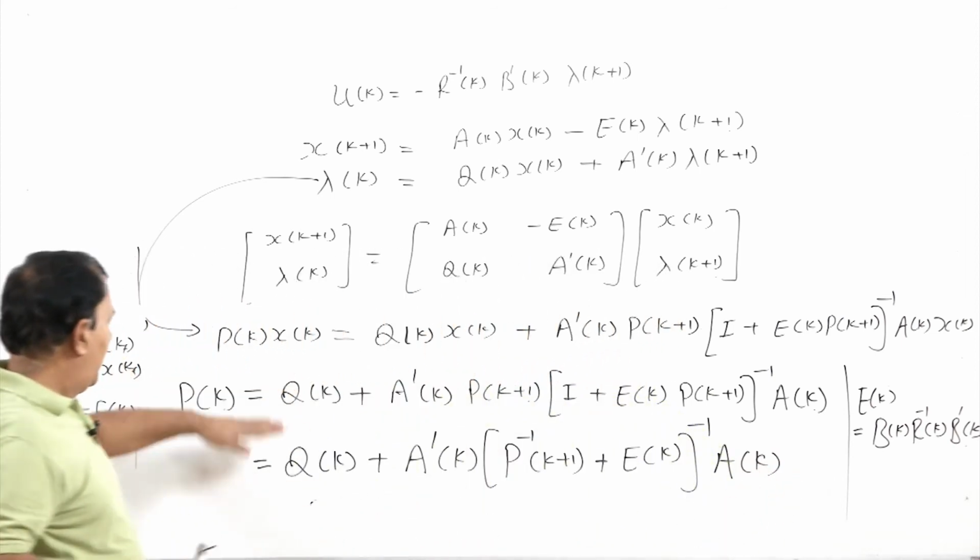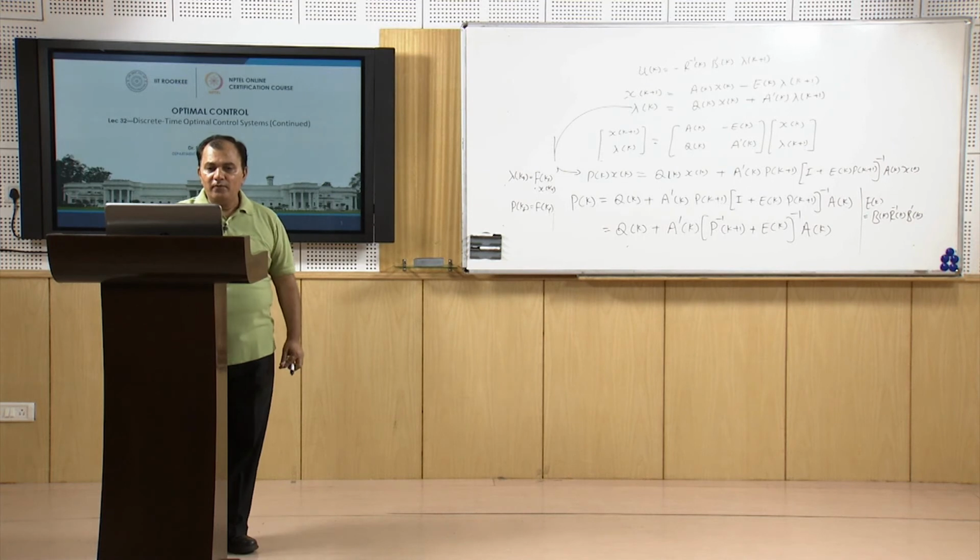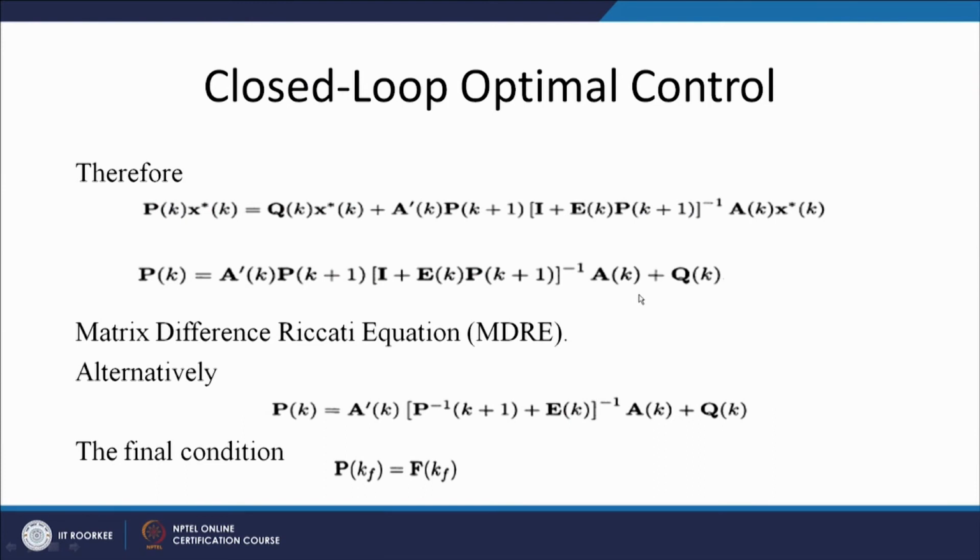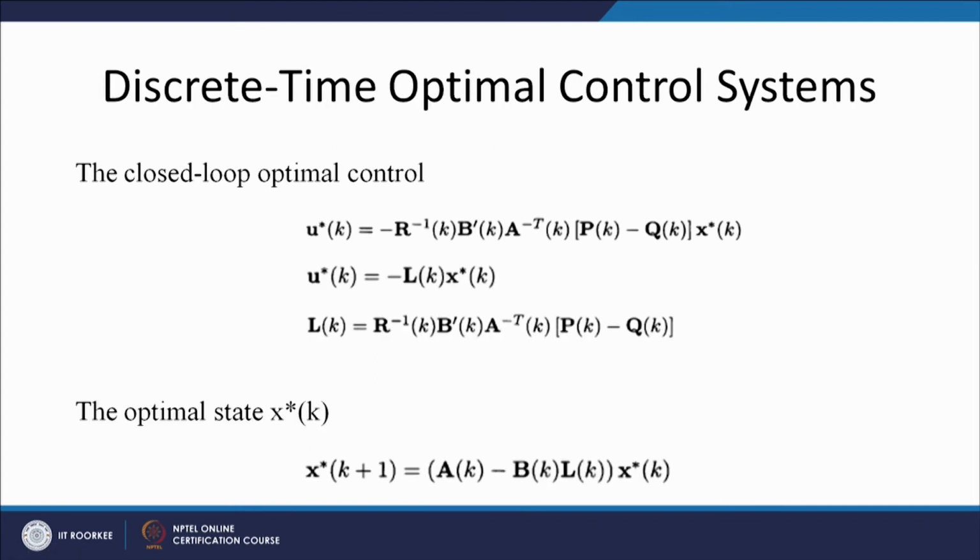So, any form we can take: pk as A prime pk plus 1 (I plus ek pk plus 1) inverse ak plus qk, or pk as A prime k (P inverse k plus 1 plus ek) inverse ak plus qk. This is my difference Riccati equation which can be solved for pk using the boundary condition P of kf equal to F of kf. So, once pk is known, I have to find my control law.